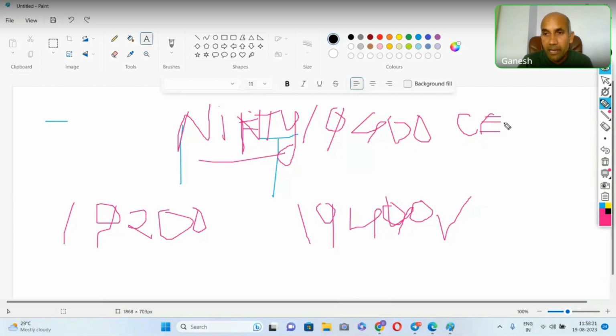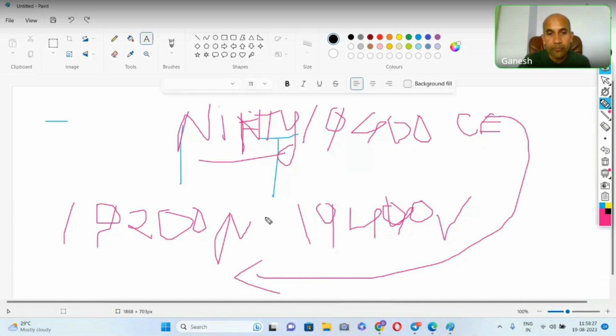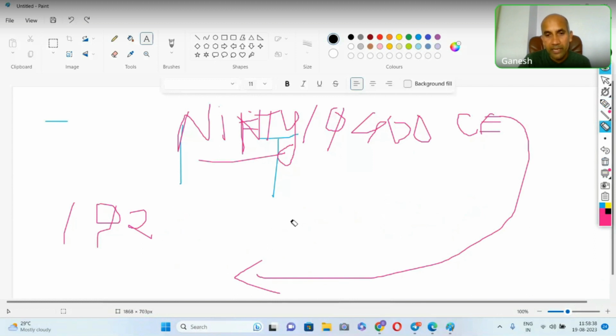What happens is the FIIs come back. They start buying Nifty because they go long in Nifty. How do they go long in Nifty? Do they buy Nifty? No, they cannot buy Nifty directly, right?